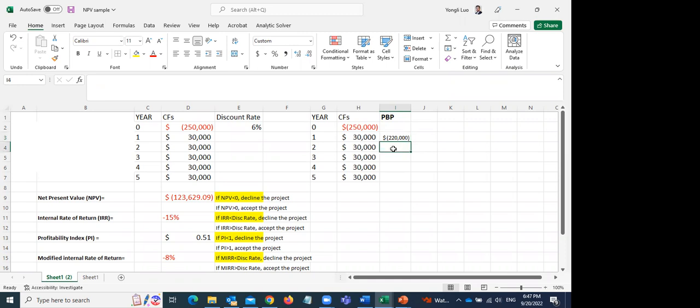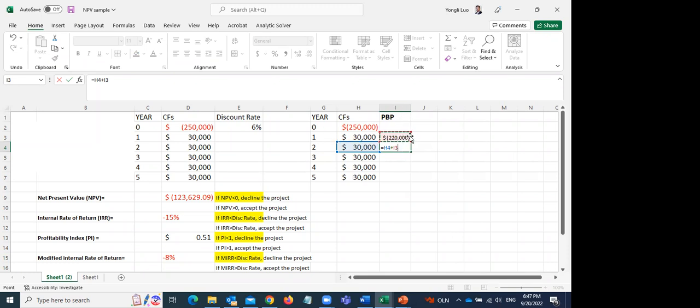What about the second year? The second year, you can see it equals this 30,000 cash flow plus the balance at the end of the first year. So 30,000 plus I3, right?